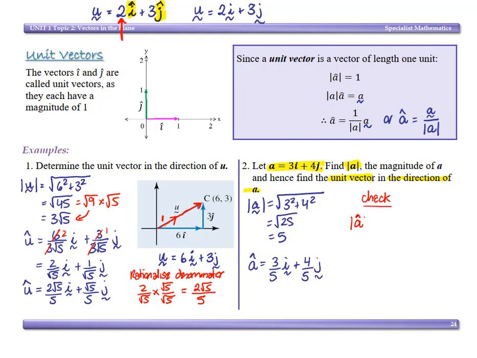The magnitude of that unit vector is the square root of 3 over 5 all squared plus 4 over 5 all squared, which is the square root of 9 over 25 plus 16 over 25, which is the square root of 25 over 25, which is 1.